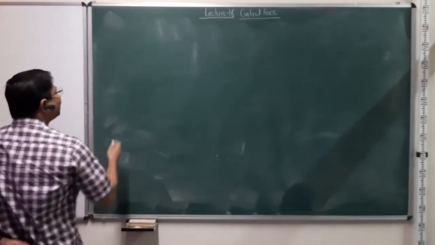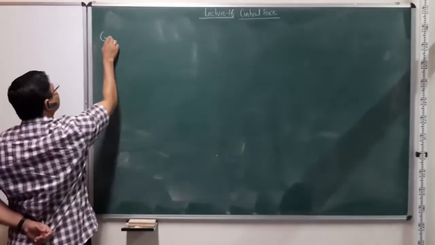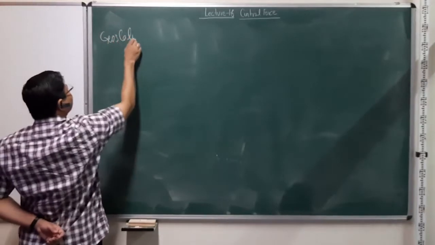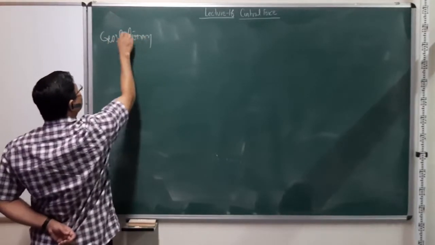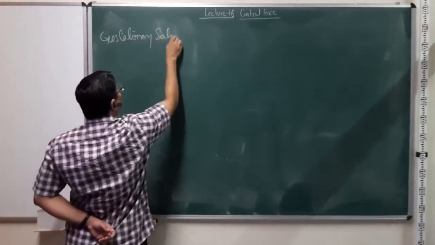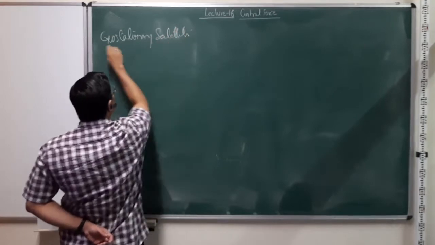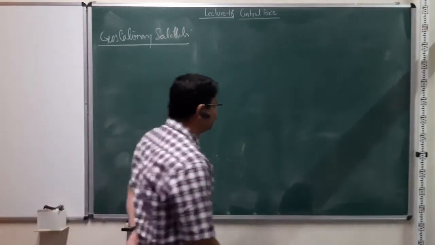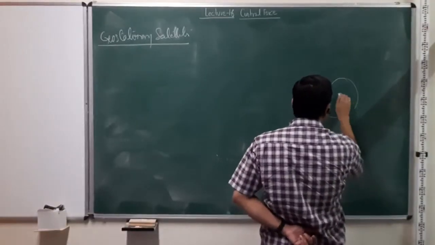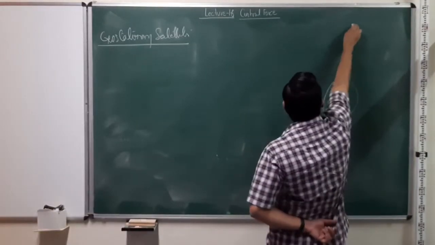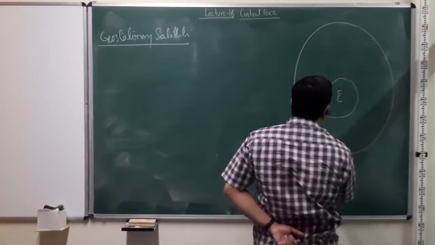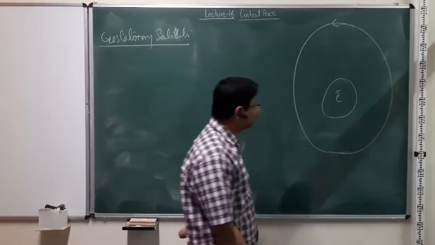So the first example I want to talk about is geostationary satellites. And geostationary satellites are basically artificial satellites sent from Earth. Right? They go about in very high circular orbits.